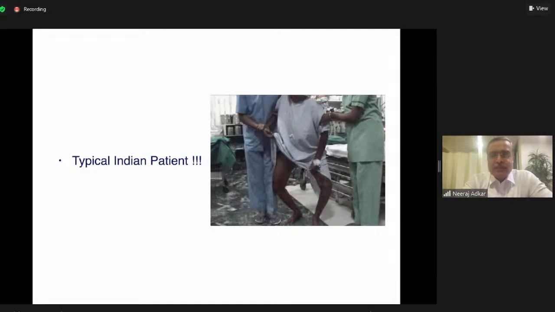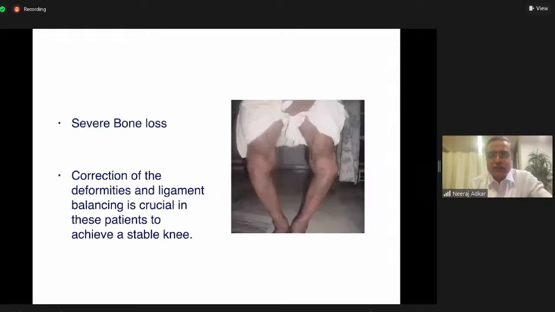So these are the typical Indian patients. They often present late to the clinician, with such gross deformities where you find a lot of defects on the tibial side, especially the posteromedial tibial side.